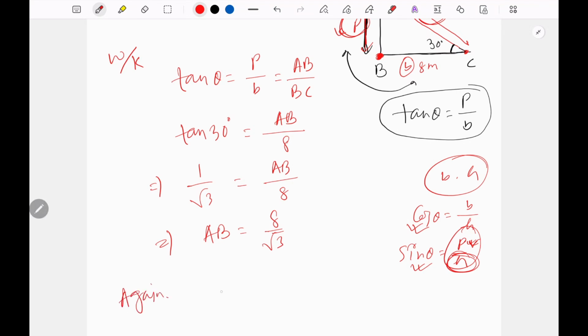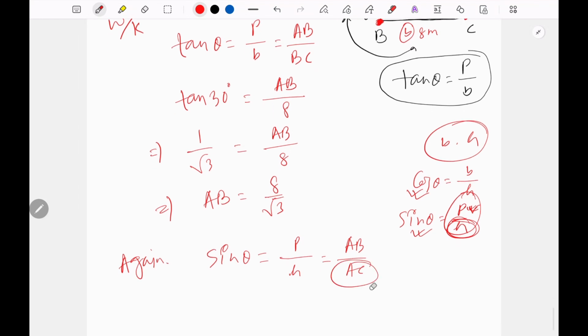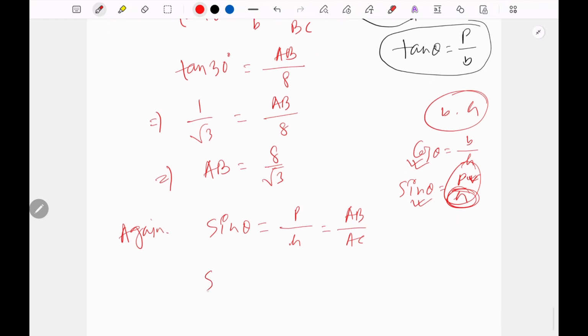Again, sine of angle theta is, we know, P by H, and P is nothing but AB and H is nothing but AC. So we need to find the value of AC. So sine of theta, theta is 30 degree and AB is 8 by root 3.